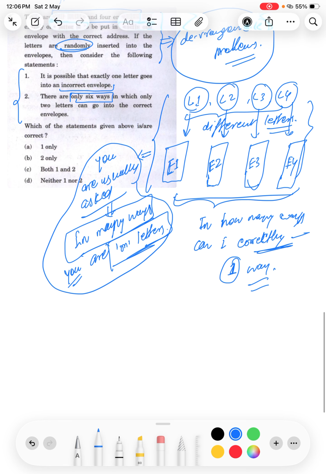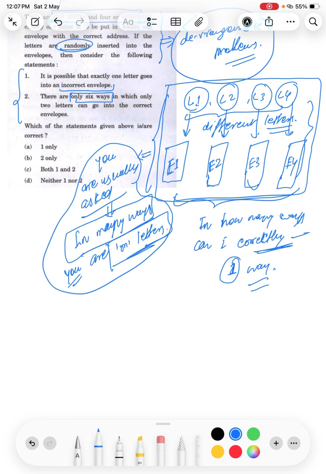Now just look at this diagram and tell me, is it possible that exactly one letter goes into an incorrect envelope? Is it possible?